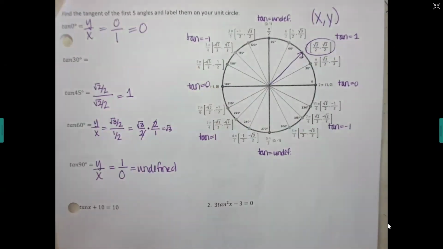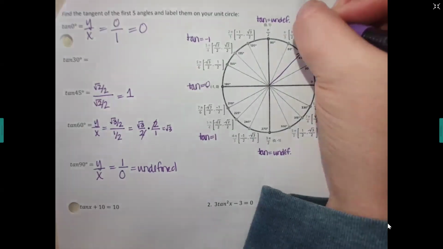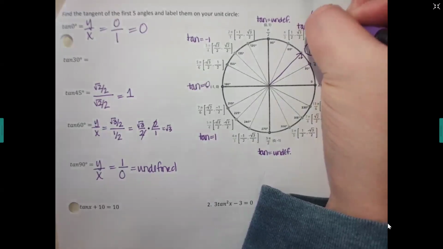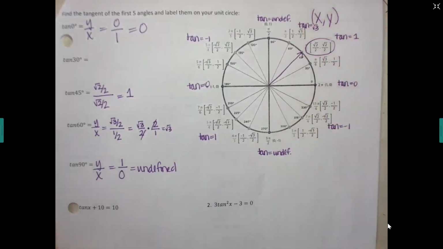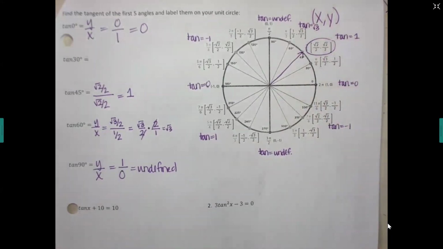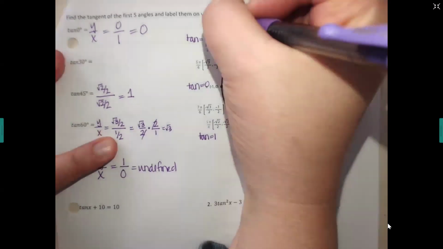So now let's go around to 60 degrees, and we're going to put that our tan is √3. Now, where else do I have almost the same point? 1/2 comma √3 over 2 in quadrant 2 at 120. But what's the only difference? Now it's going to be a negative √3.